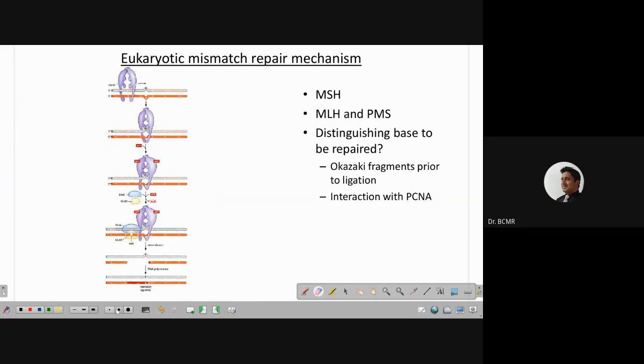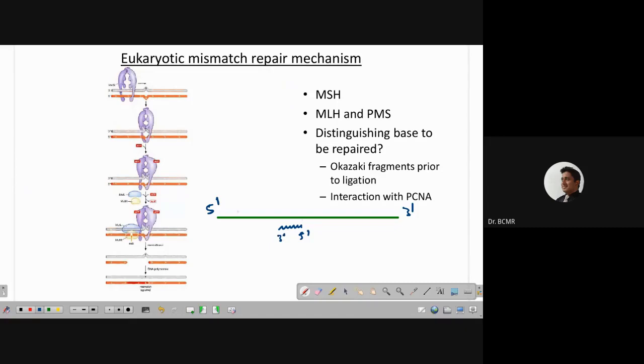So I'll quickly draw it. We have a DNA strand, and assume that this is 5' to 3', and the lower strand is being synthesized, and this will be 5' and 3'.